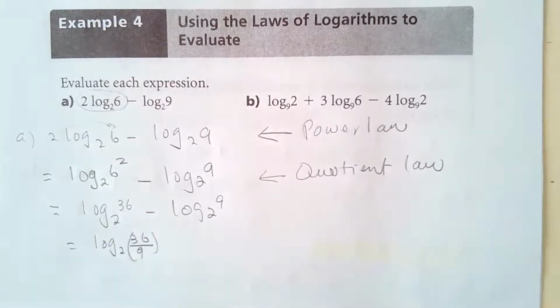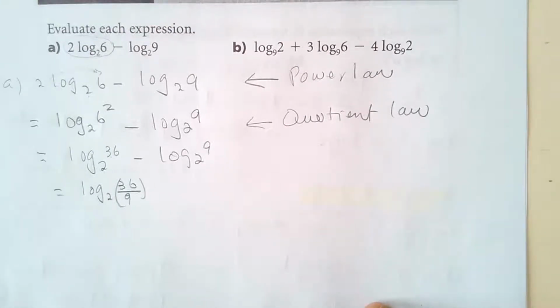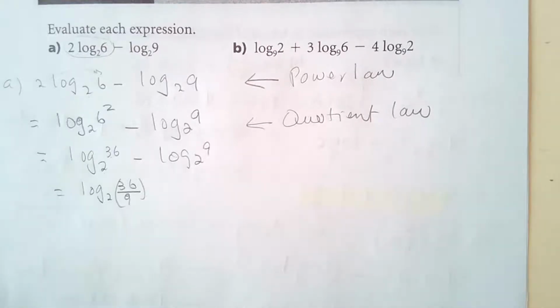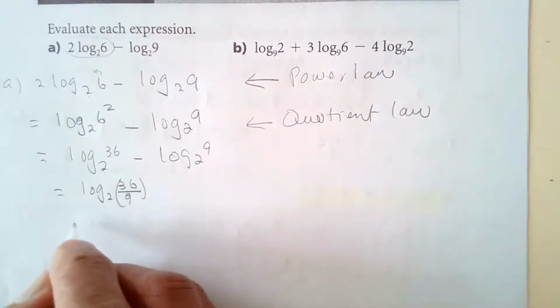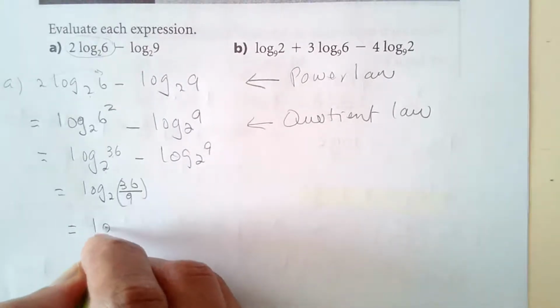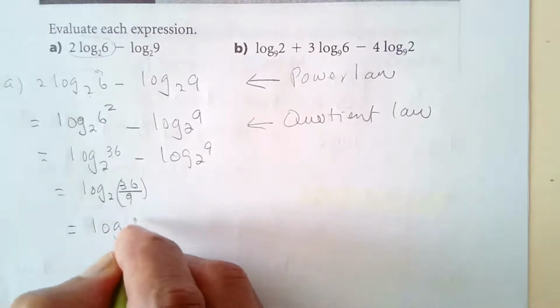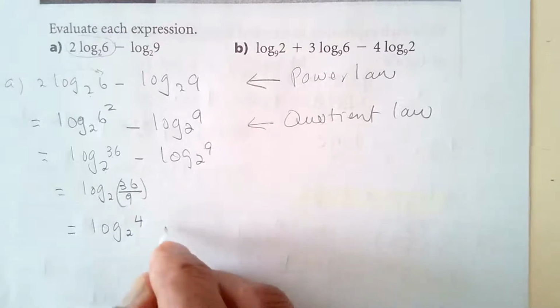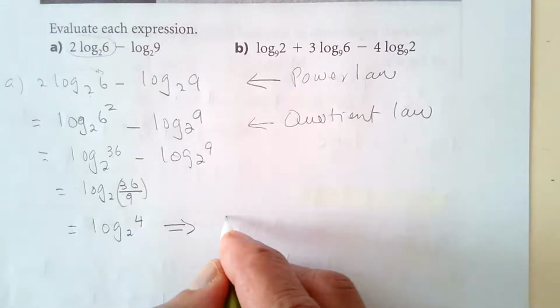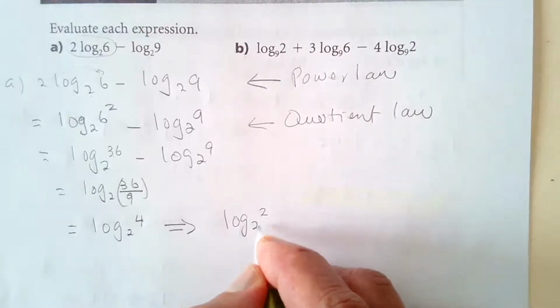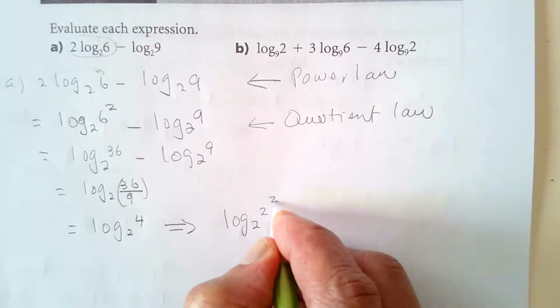Which now becomes 36 divided by 9 is 4. Now we can simplify this. Now 4 could be written as a power of 2.